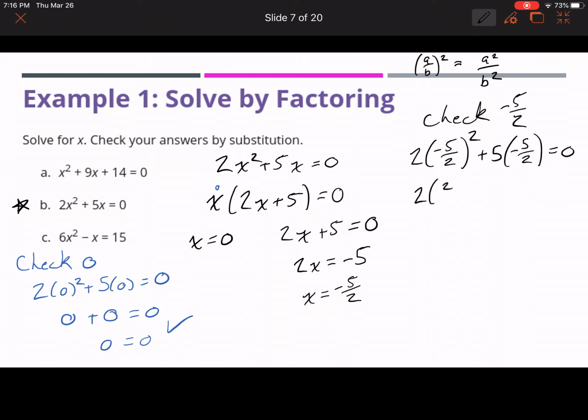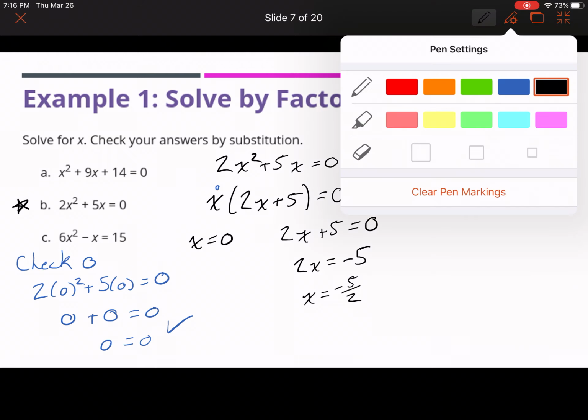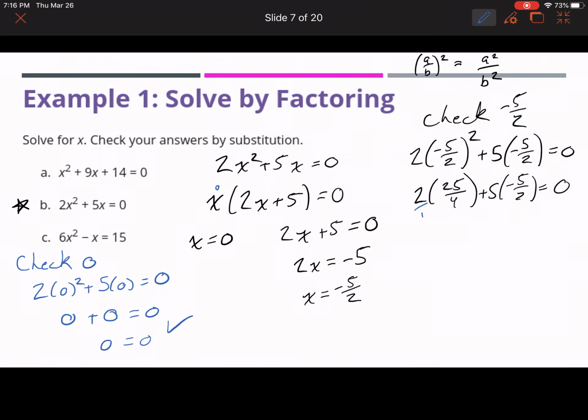So we end up with 25 over 4. And let's just leave that for now. So again, when we have a coefficient, it's just over 1, multiplying the two top numbers, multiplying the two bottom numbers.